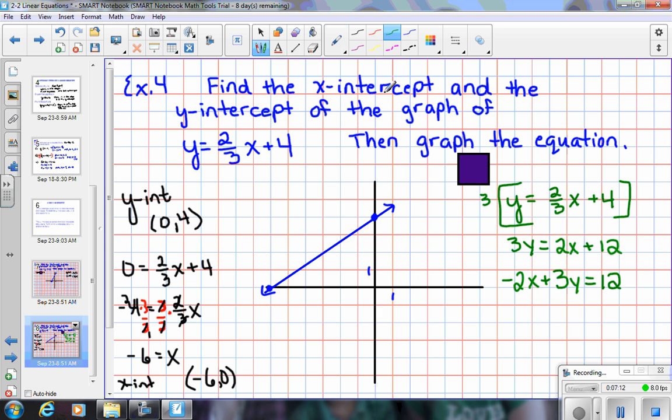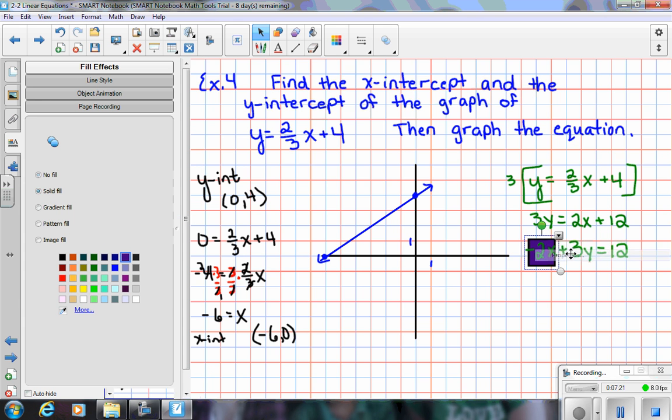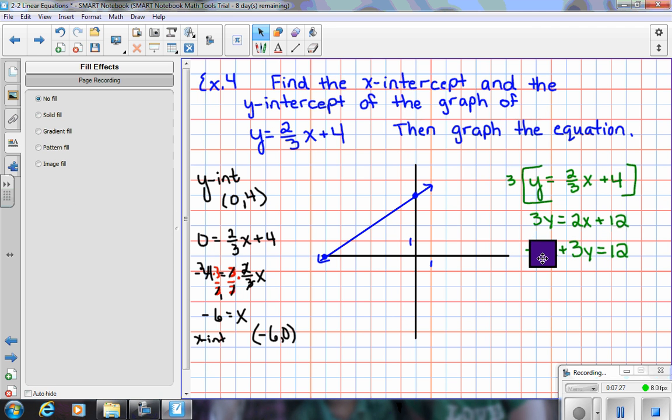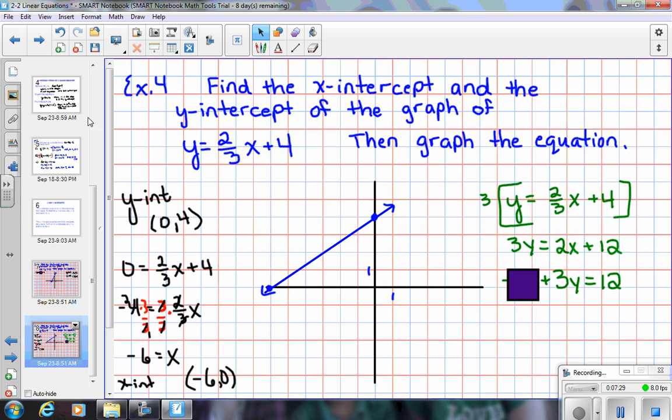If we let x equal 0 and solve for y, I can do this in my head and I see y equals 4.